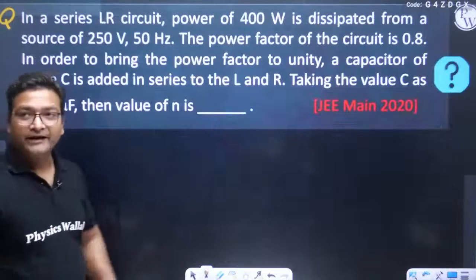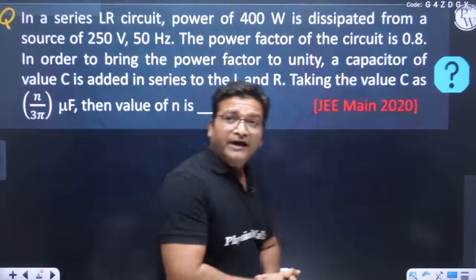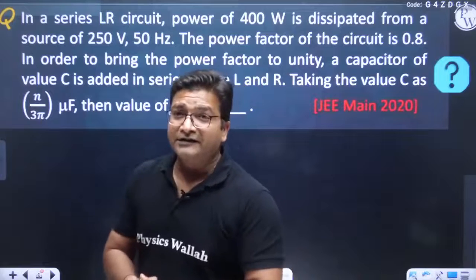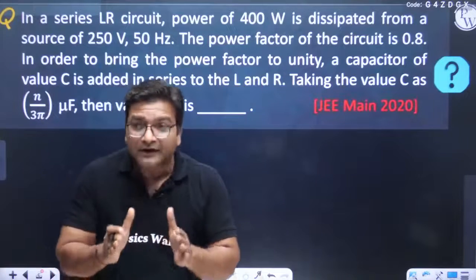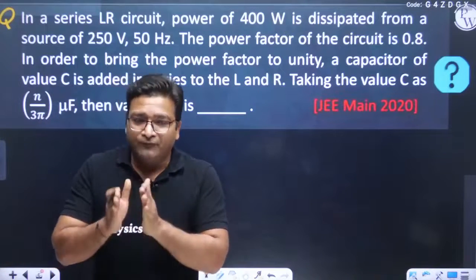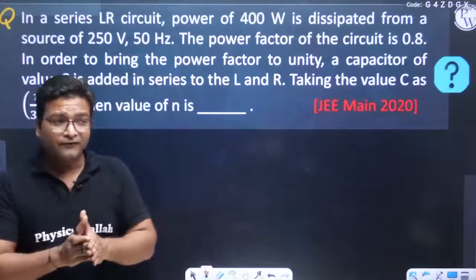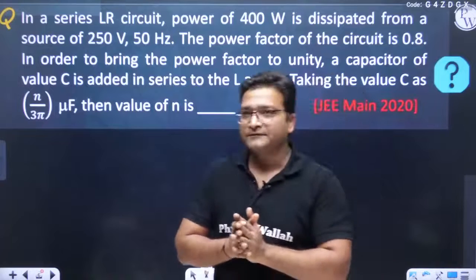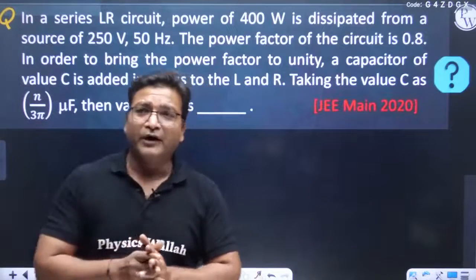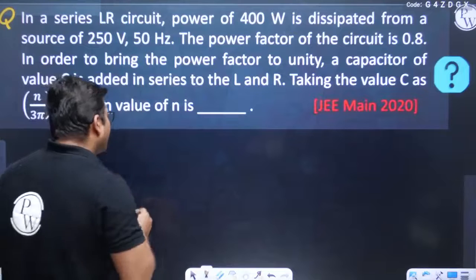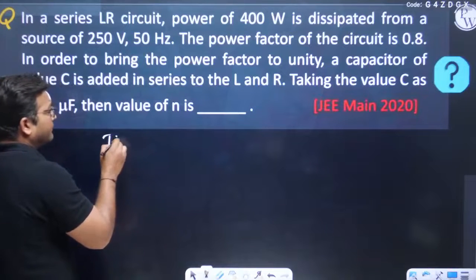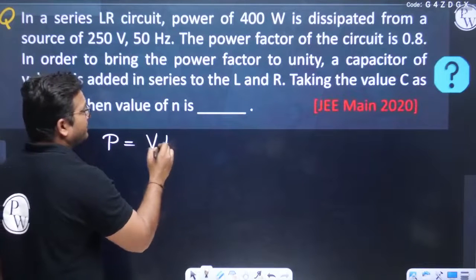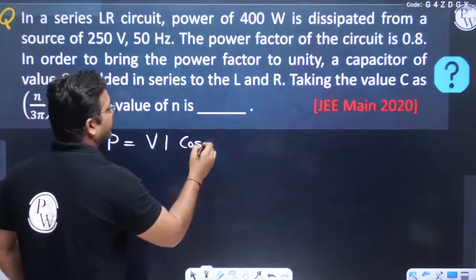Let's move to the next one. Here we have again a series LR circuit, and it is consuming power of 400 watt, dissipated from a source of 250 volt, 50 hertz. The power factor of the circuit is 0.8. If you remember the formula for power, it is the effective value of voltage times the effective value of current times the power factor cos phi.